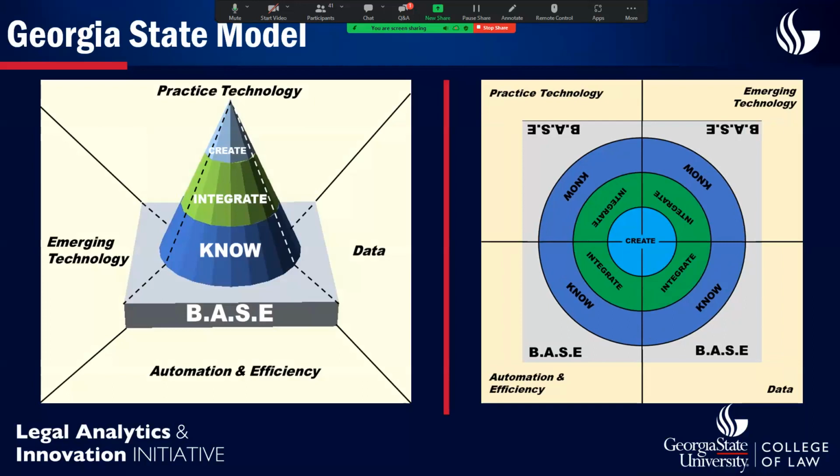So just to take a step back for a minute and give a little bit more context. This whole thing came out of Michelle and Kris and my work with the Georgia State Legal Analytics and Innovation Initiative. About a year and a half ago, we all started working with legal tech education on a day-to-day basis.